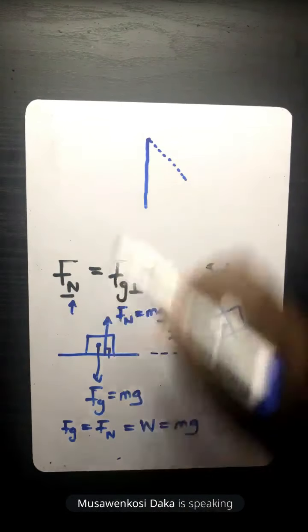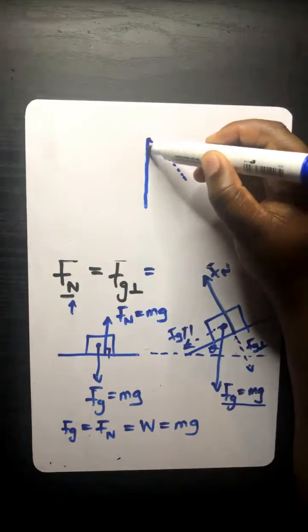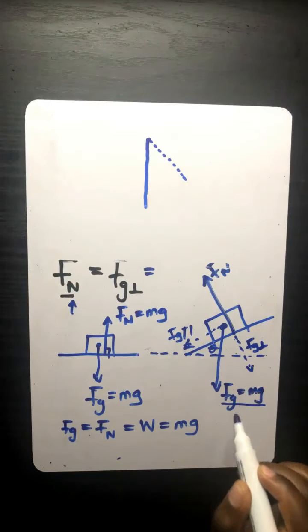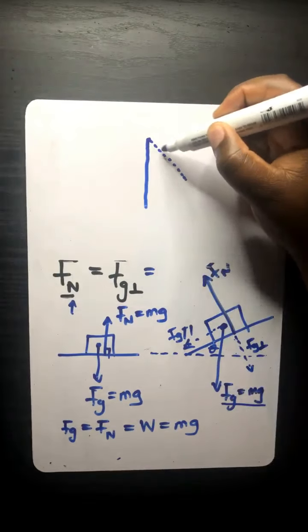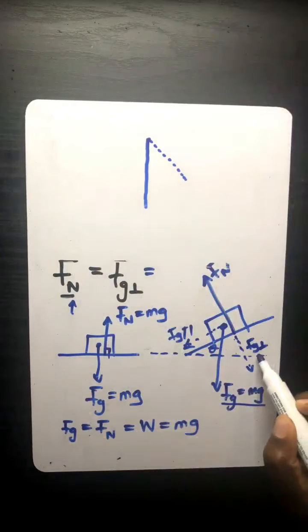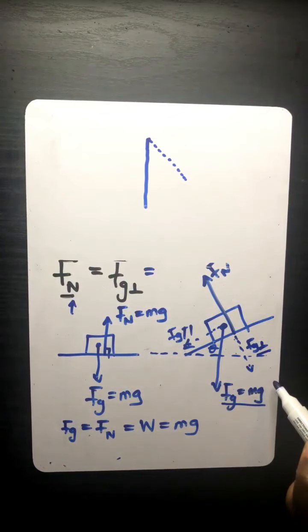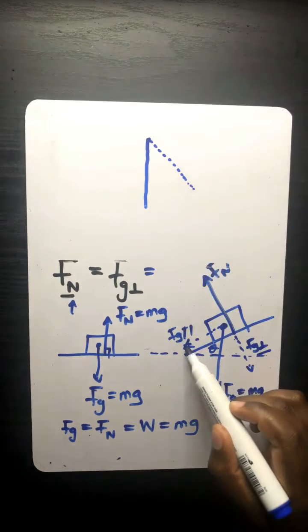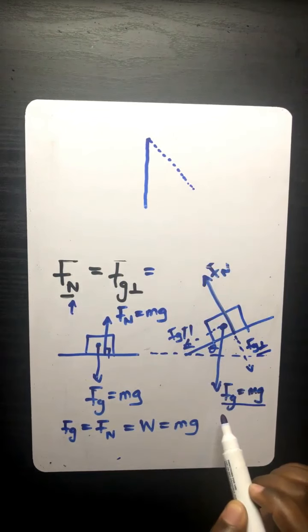Okay, so we had a vertical line which represents the force of gravity. Then this is the first component, which is the force of gravity perpendicular.